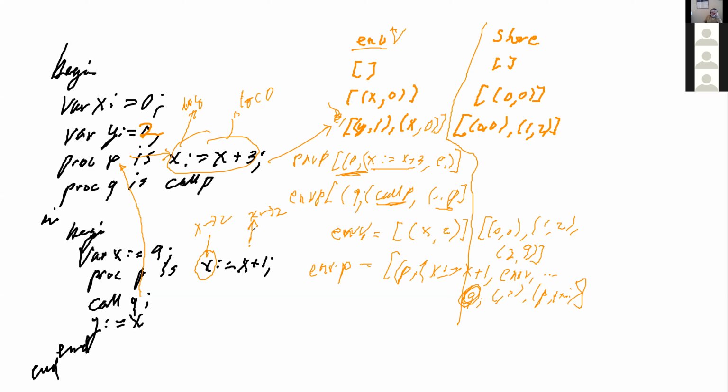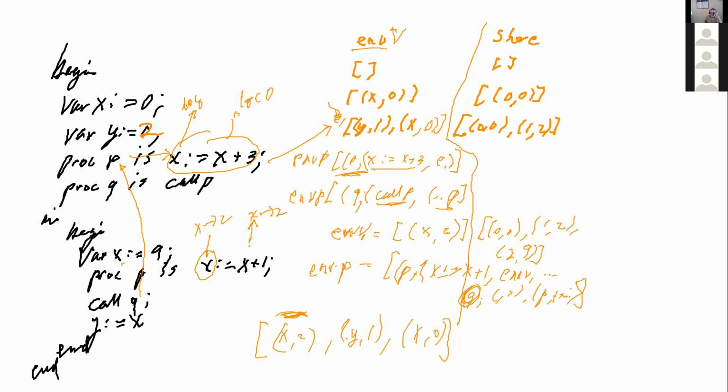So this X, if I look at memory at this point, I've got what? X is going to 2. Y is going to 1. This is not memory, this is the environment. And X goes to 0. And so this is the one that we find. And then location 0 still has a 0 in it.